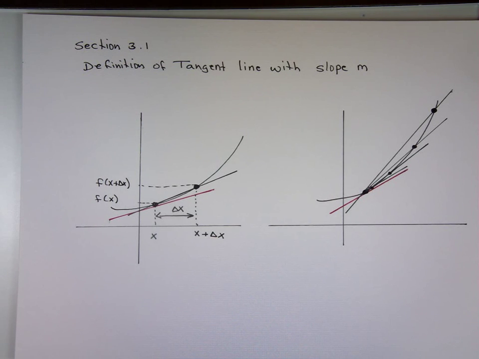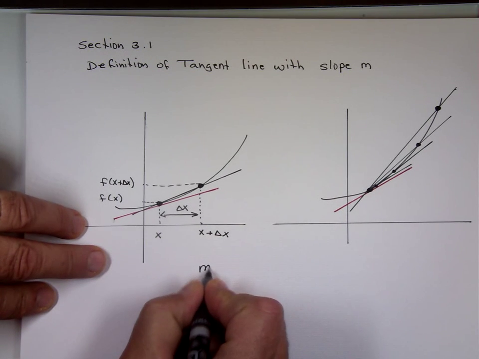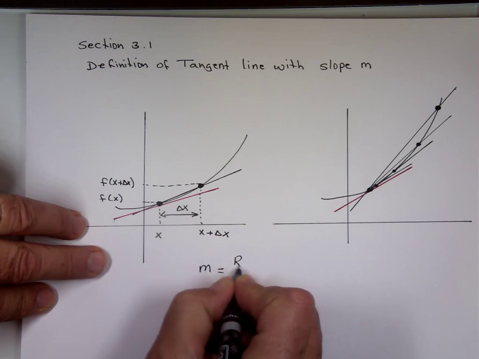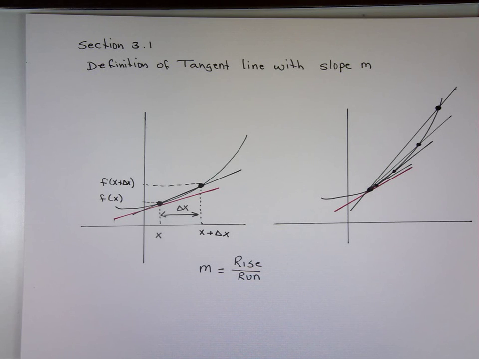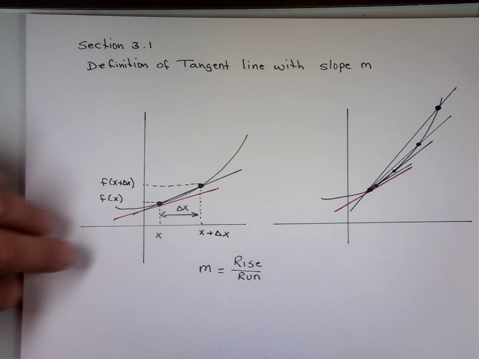You remember the definition of a slope? What's the slope? It's defined as the rise over the run. And the rise here is the change in the 2 y values. What are the 2 y values?